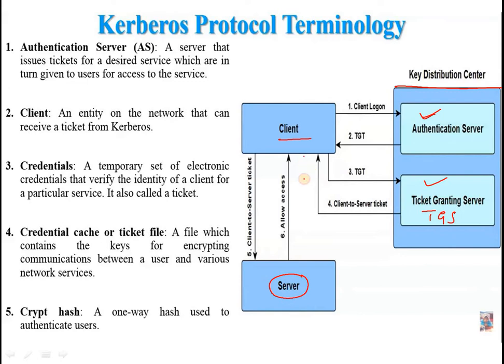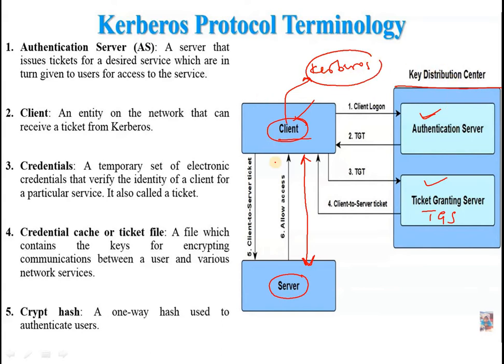Communication between client and server takes place, but before the client directly communicates with the server, we first need to authenticate the client. For this authentication we are using the Kerberos protocol, because we need to check whether this is a valid client, or whether he is the correct person sending the information. To authenticate that, we are using the Kerberos protocol.